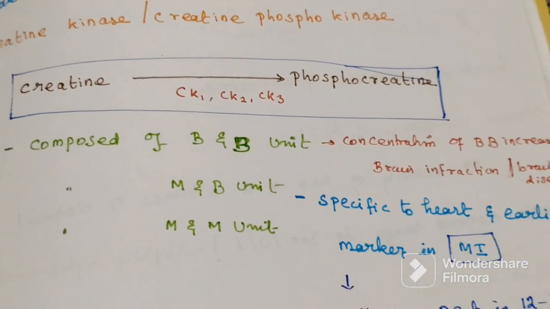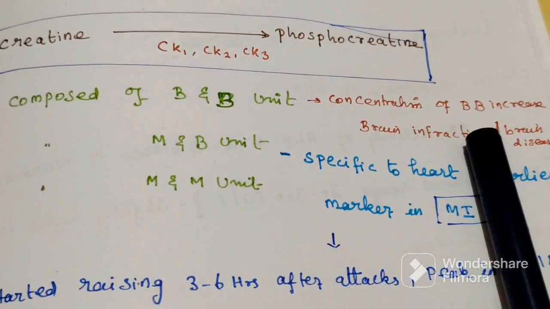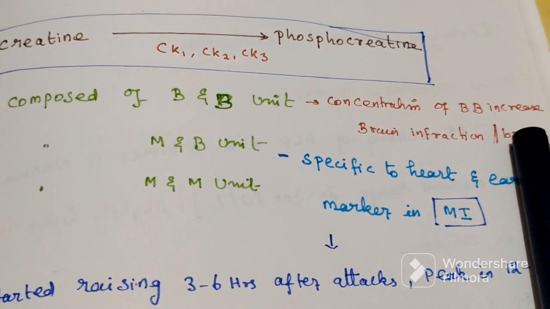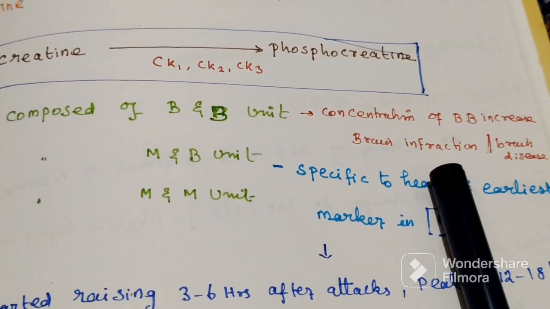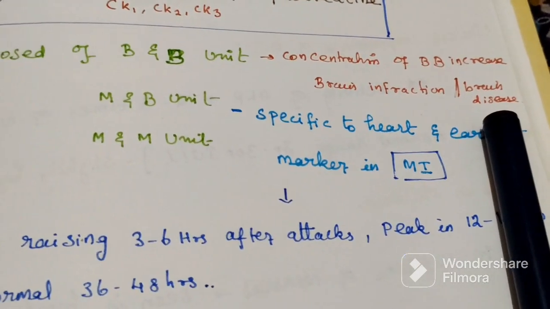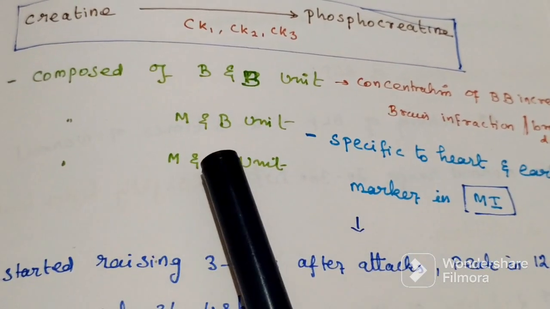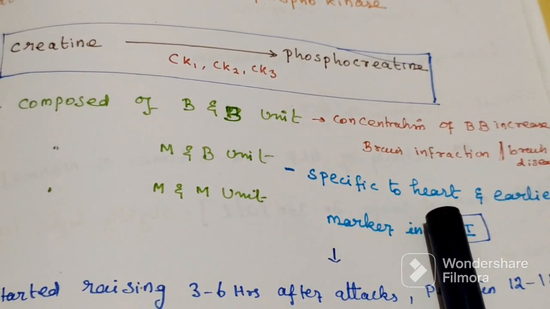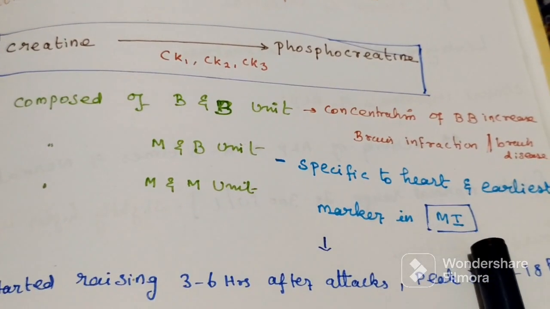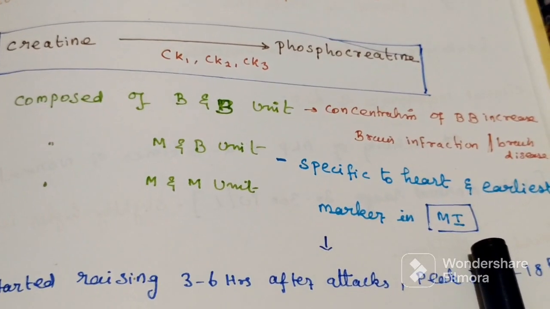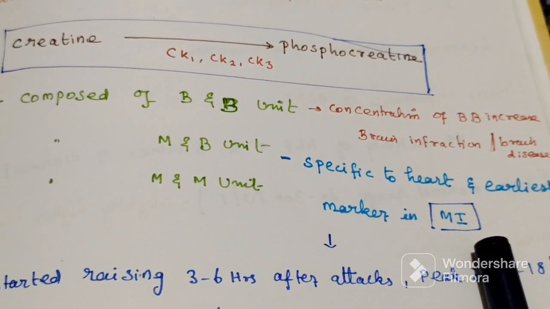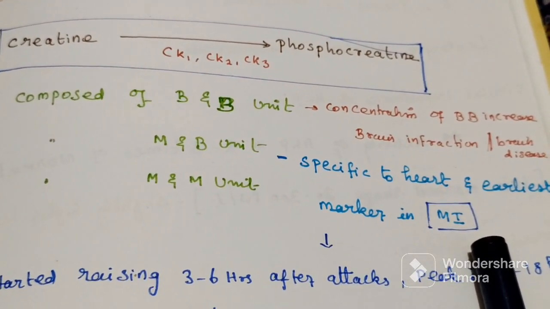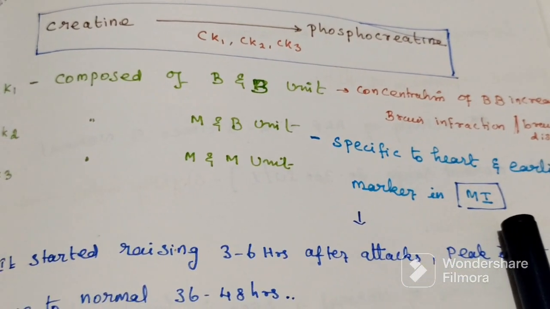The concentration of BB increases in brain disease. MB is specific to the heart. It is the earliest enzymatic marker of myocardial infarction.